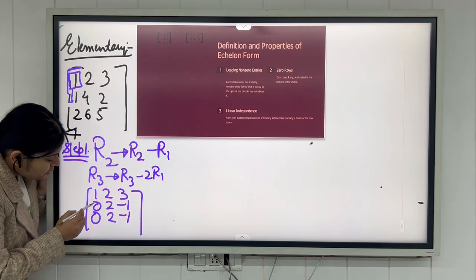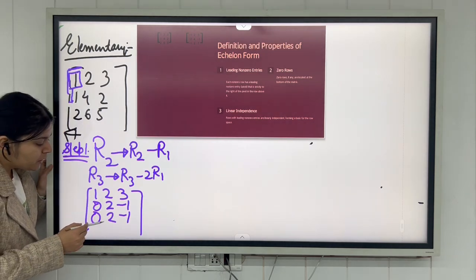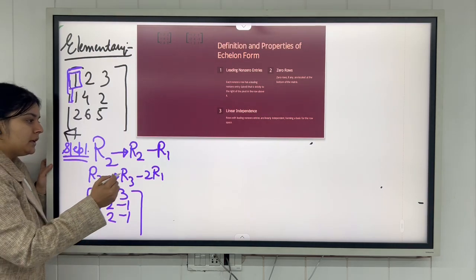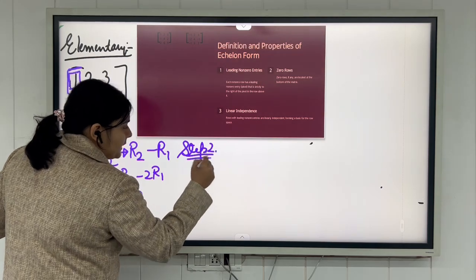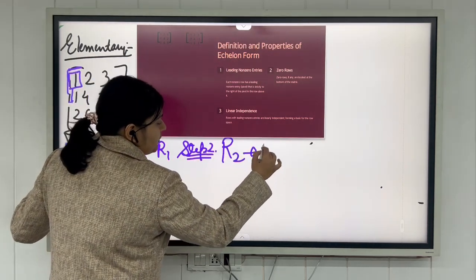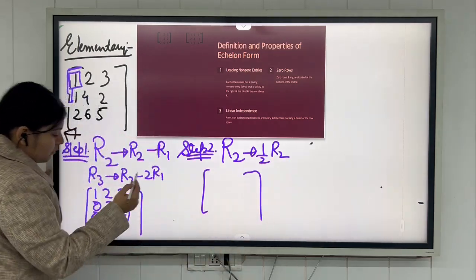After you have made A21 and A31 to be 0, you will move on to the second part, that is you have to make the A22 element 1. How are you going to make that A22 element 1? You can just apply the operation R2 implies half times R2. Now, what elements will you get?